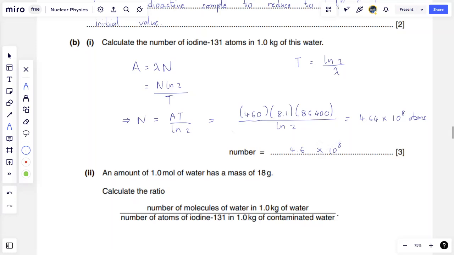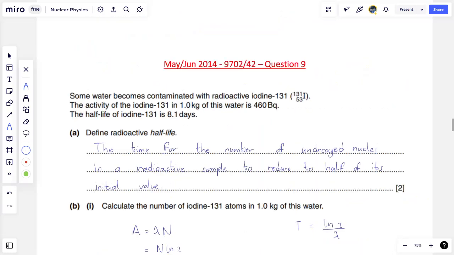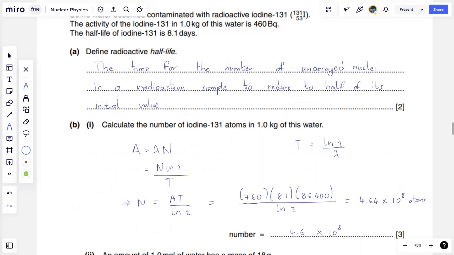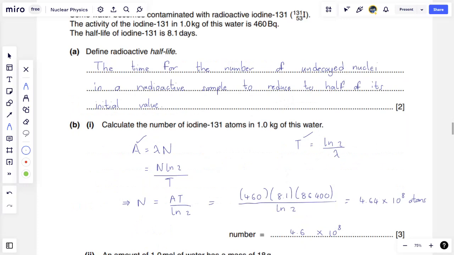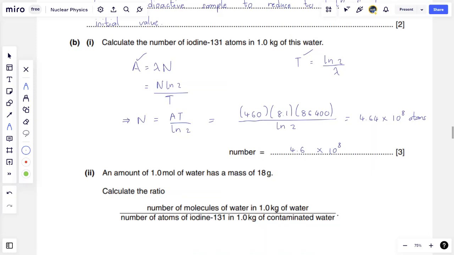So this was a bit of a tricky question. But whenever given a question like this and you're not sure where to go, write down the things that you are given. I'm given an activity. I am given a half-life. I can use this information and the expressions that combine the information to end up at a solution, even if I have nowhere to go.